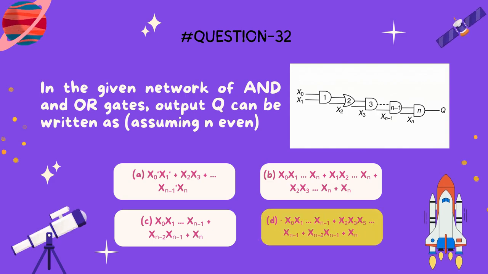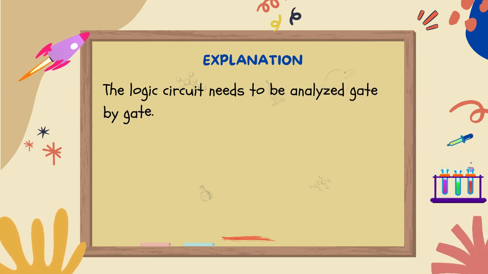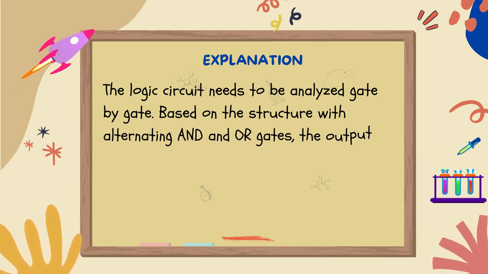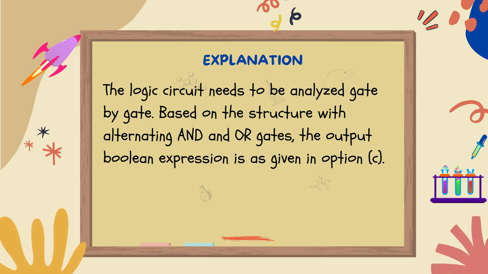Correct answer: D. Explanation: the logic circuit needs to be analyzed gate by gate. Based on the structure with alternating AND OR gates, the output Boolean expression is as given in option C.